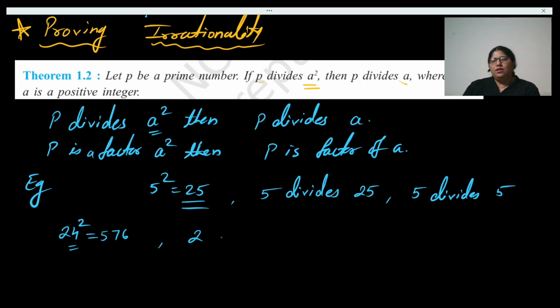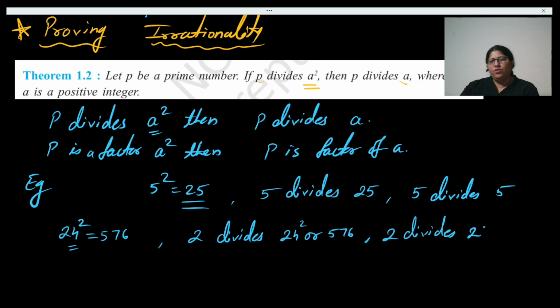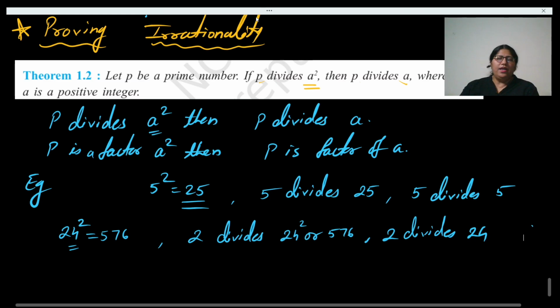I can write 2 divides, because all the even numbers are divisible by 2. So 2 divides 24 square or 576, so that means 2 divides 24 as well. Right? So how are we going to use this to prove irrationality?